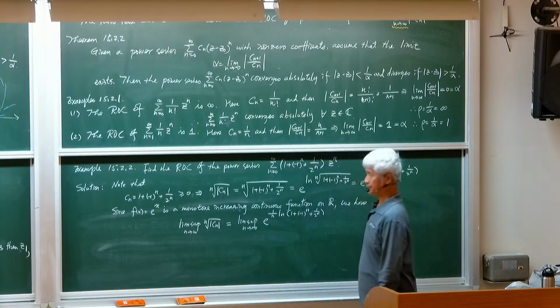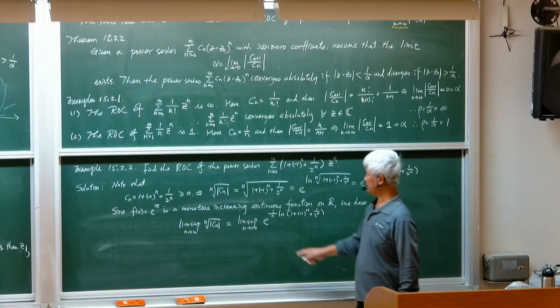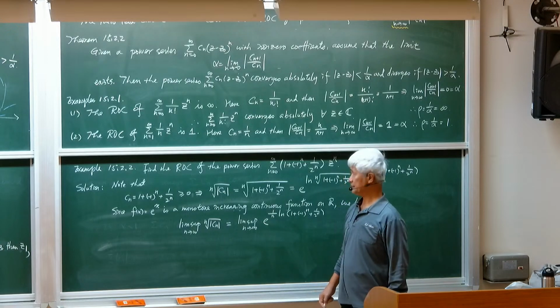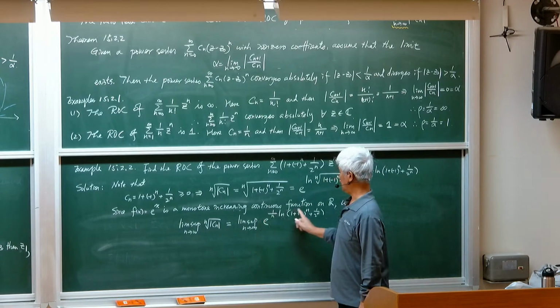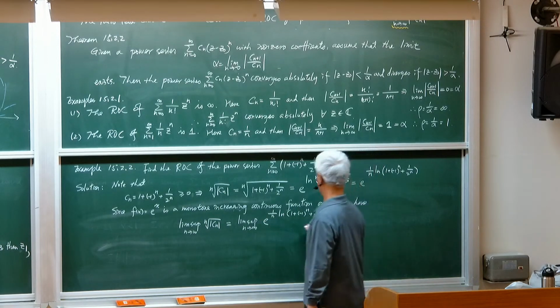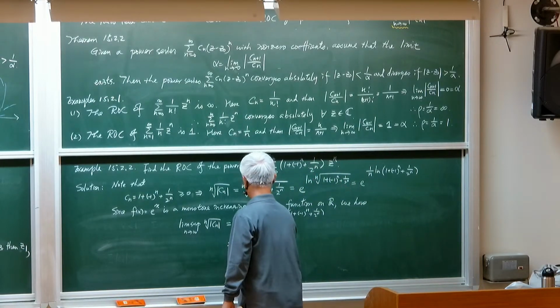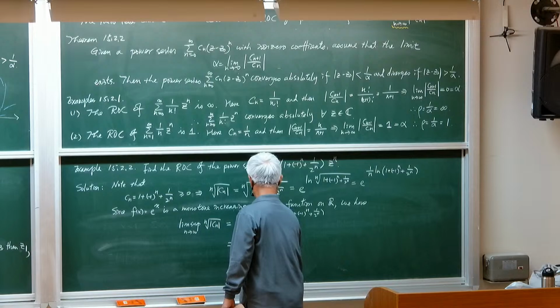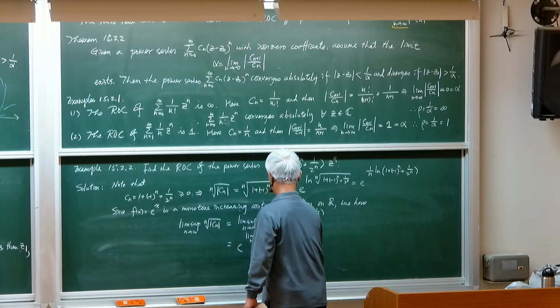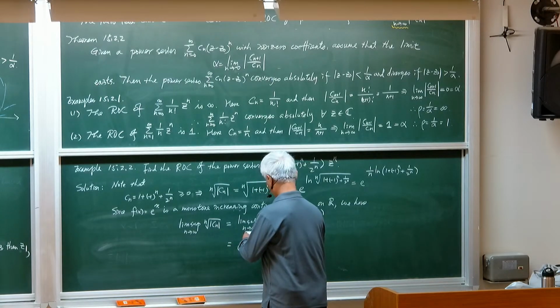Now, because the exponential function is continuous, the lim sup of the function value will be equal to the exponential function of the lim sup of 1 over n natural logarithm.